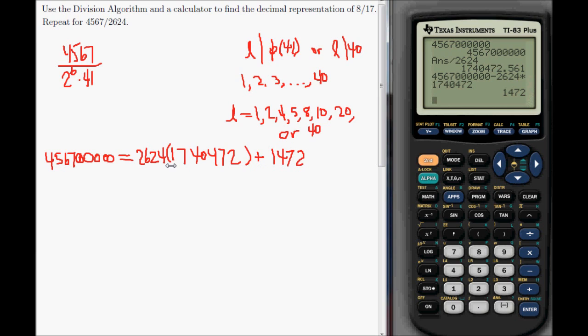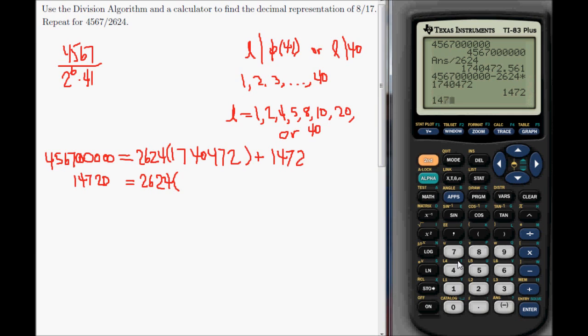Okay, so this is the delay, and now we're going to attack the repeating part. And so when I get this remainder repeated again, that means I've found it. All right, let's see if the delay has length 1. So 1472, let's multiply that by 10. And if the remainder happens to be the same, then I've got it.